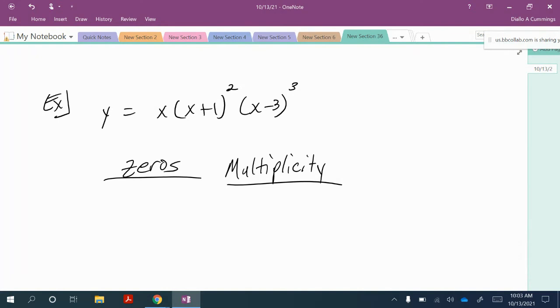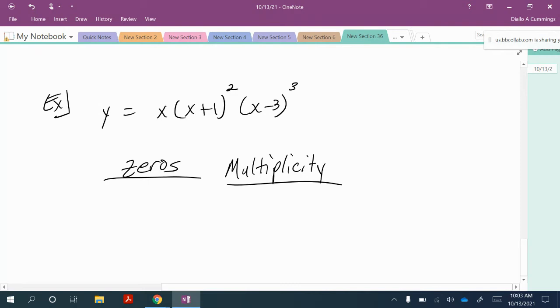It's encapsulated in a set of parentheses with an exponent of 3. So to determine the multiplicity, we simply reverse the process. I'm saying linear factors, but some of these things aren't linear, right? A linear factor actually has an exponent of 1.